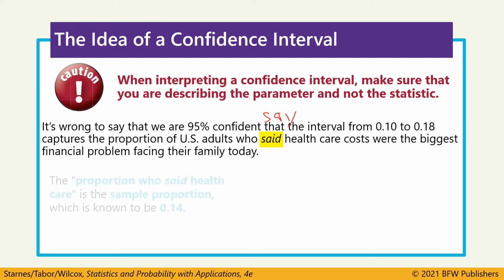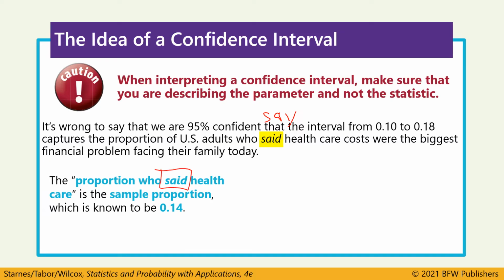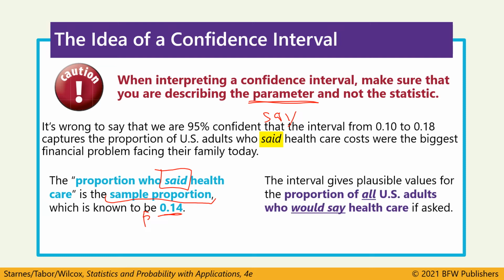And the reason it can't say "said" is because if they said healthcare costs was the primary concern, we're talking about the people who were included in the sample. They answered the question, they said that healthcare was their primary concern. We got that as our p-hat. That's our sample proportion. We want this to be about the whole parameter of all US adults.